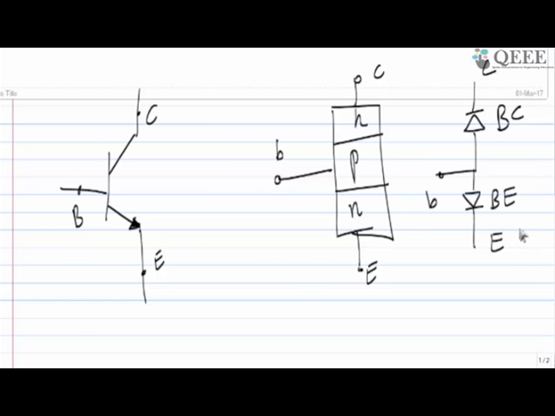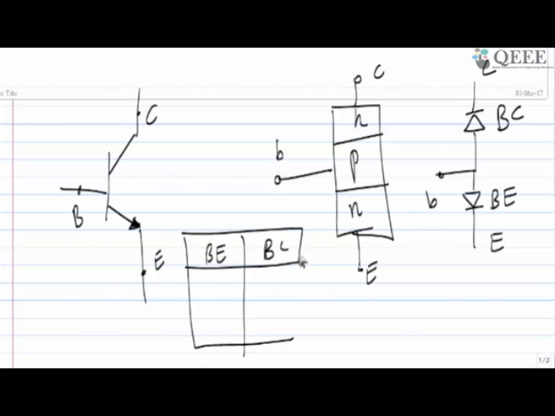For the given two junctions you can have different possibilities, base to emitter and base to collector. You have 4 possibilities that you can create. Either this one is forward bias, this one is forward bias, both can be reverse bias, or one can be forward bias and one can be reverse bias.